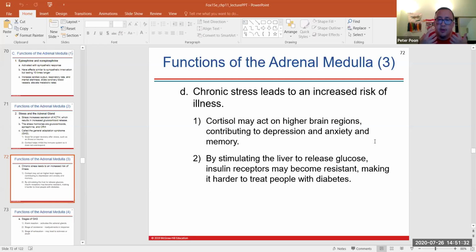You cause the liver to release glucose, which elevates your blood sugar levels, which is not good. It causes you to become more resistant to insulin. Higher levels of blood pressure also cause heart problems, more clots, and all this other stuff that's not good. So there are side effects to applying our physiology to modern life.